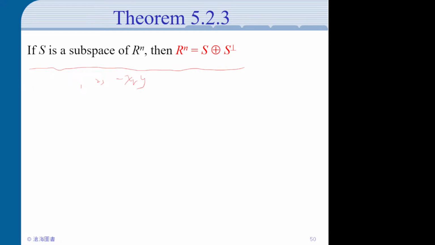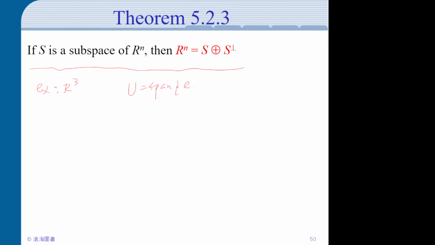Okay, so let's have an example in R3. And on the previous page we have U spanned by E1, and I guess that's okay. Actually, let's change this a little bit. Let's say just like what I have on the blackboard.